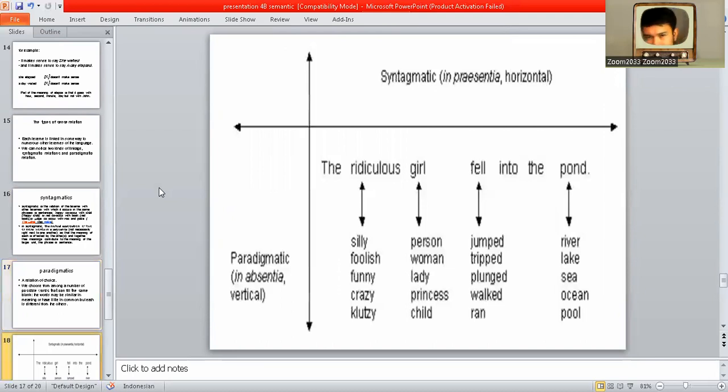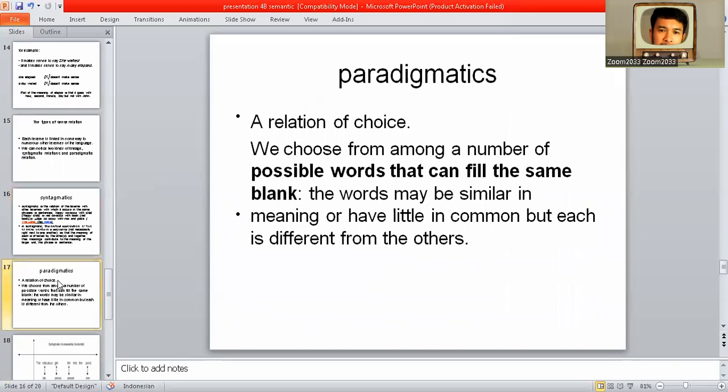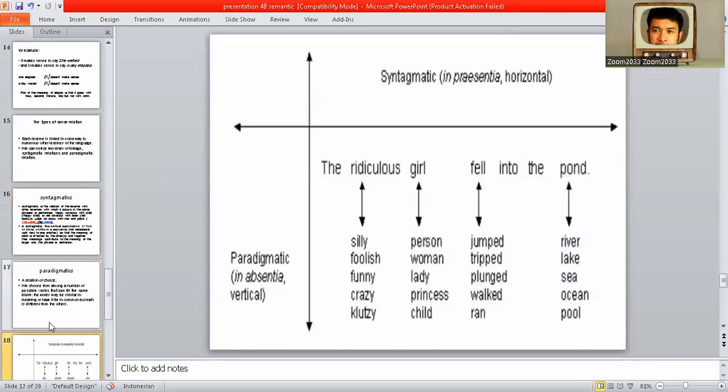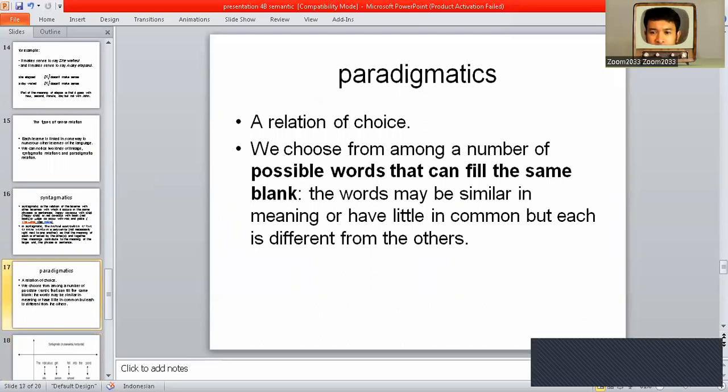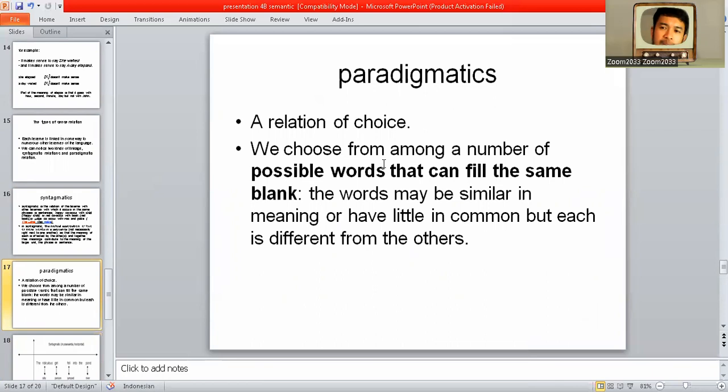This is very simple if you would like to know about syntagmatic and paradigmatic. Before we go to this slide, I would like to talk about paradigmatic. What is paradigmatic? Paradigmatic is the relation of choice. We choose from a number of possible words that can fill the same blank.